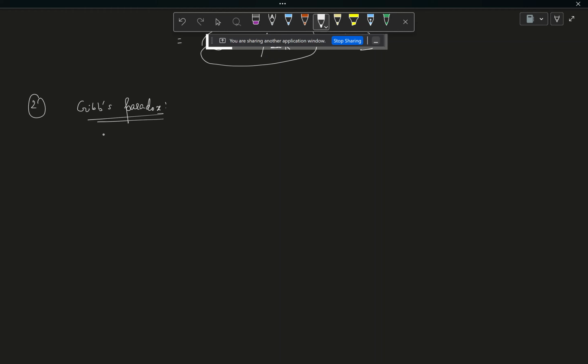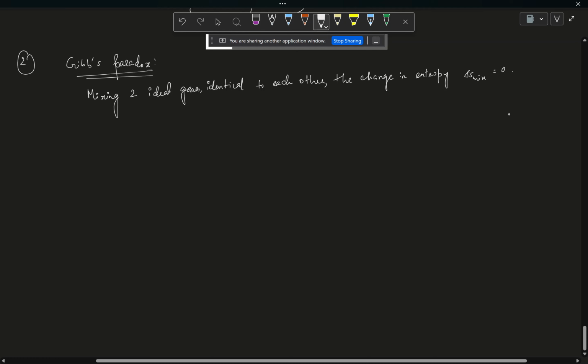It says that mixing two ideal gases which are identical to each other, the change in entropy, delta S mix, equals 0. But then why are we calling it a paradox? Why paradox?